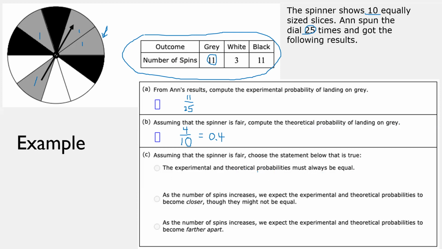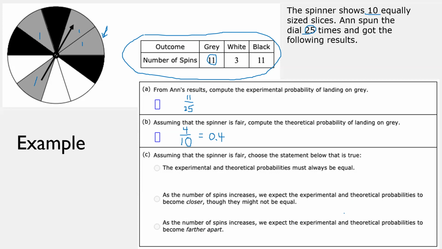The next one says, as the number of spins increases, we expect the experimental and theoretical probabilities to become closer, though they might not be equal. The other one says they become farther apart. These are worded very challenging, and they're not always worded this nicely.